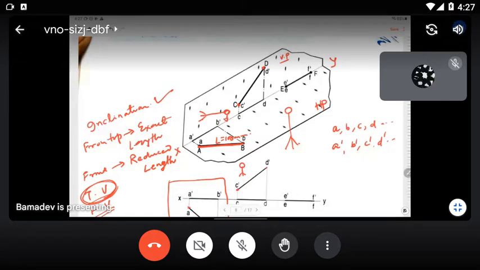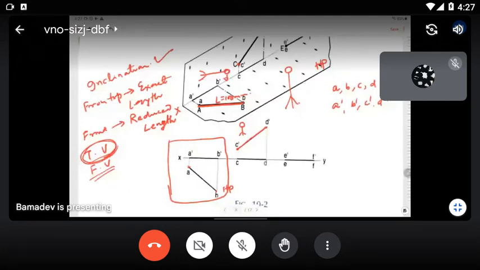The inclination is known, and you drop projectors from C dash and D dash upon the reference line and get the top view, CD. So this is your front view or elevation, and this is your top view, which is the plan.